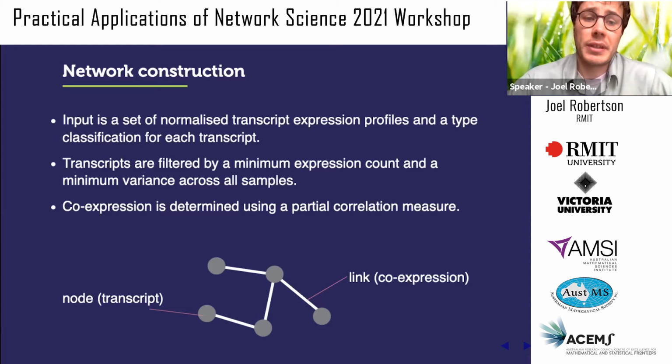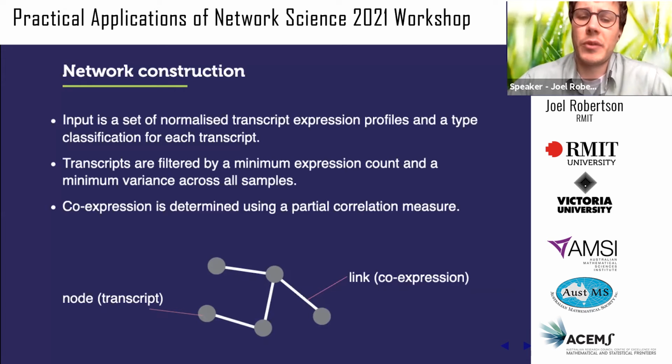But the most important step in the construction process is determining how co-expression is decided upon. In a typical co-expression study looking at community-based analysis, some variation of a correlation coefficient is often used.